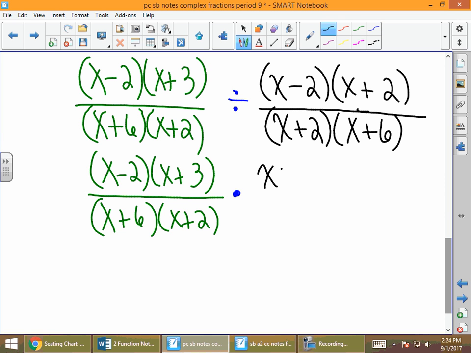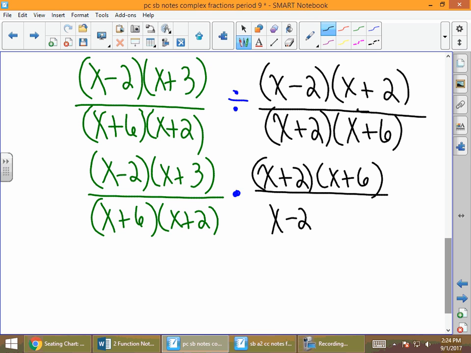We've got x plus 2 times x plus 6, and then we have x minus 2 and x plus 2. So to finish, do we have anything exactly the same in the top and in the bottom?